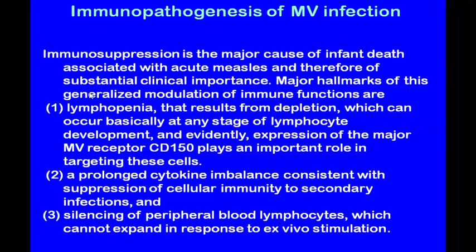And major hallmarks of this generalized modulation of immune function are lymphopenia, the result of the depletion of the T cells, then prolonged cytokine imbalance, that also causes the immunosuppression and can give rise to secondary infections, and silencing of peripheral blood lymphocytes. They cannot expand in response to ex vivo stimulation.